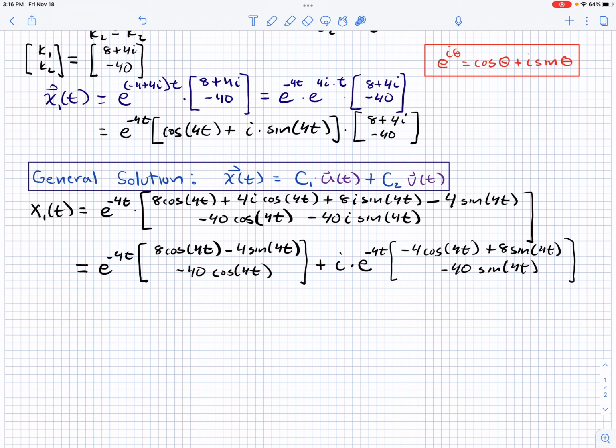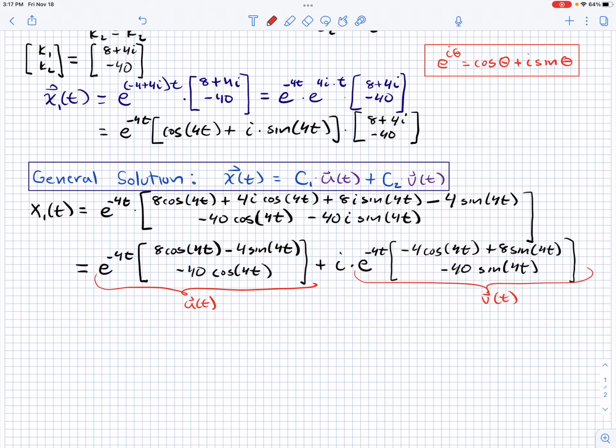And what's wonderful about this is we can see that it fits this form here, kind of. Well, we have two kind of independent solutions right here, which I will label as the u vector of t and v vector of t.